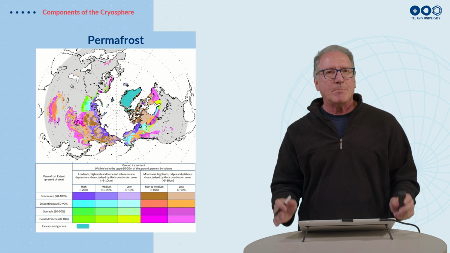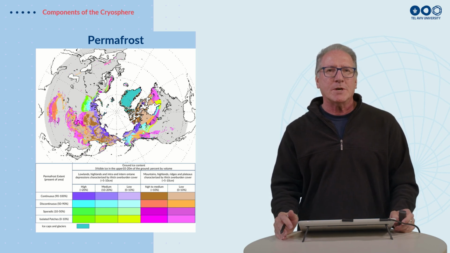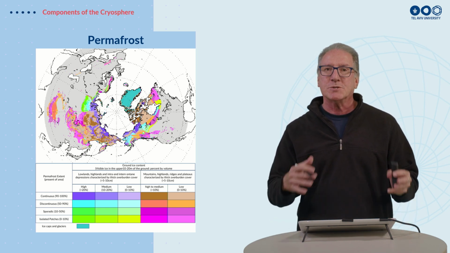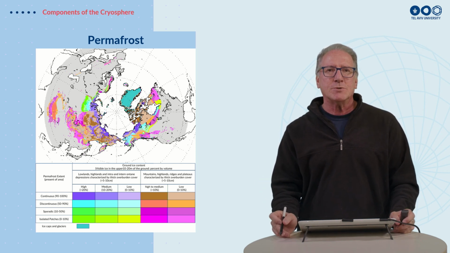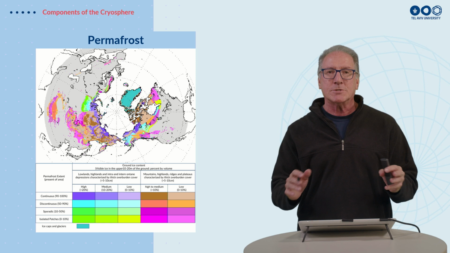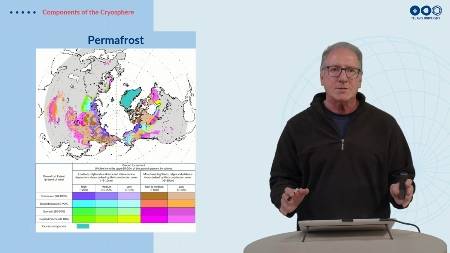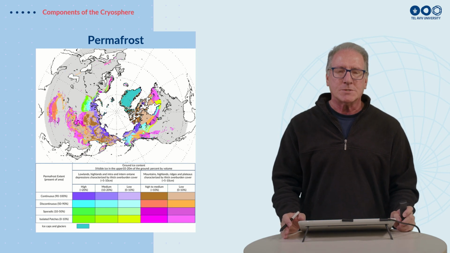And then the last type of frozen ground that we have as part of the cryosphere is what we call permafrost, because it's permanently frozen. The different colored shading here shows you the regions where the temperatures are below zero throughout the year, and therefore the ground is solid. Even though it's not covered necessarily with ice or snow, the ground is solid, frozen, because it's so cold.